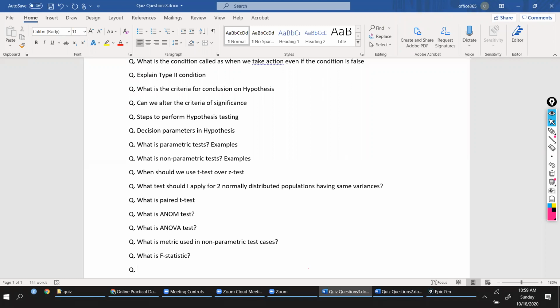R squared will be there for regression, right? I'm talking about any supervised learning techniques. Right fit, how do we get that right fit?